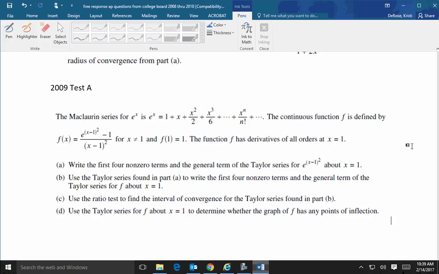And I want to see, you guys should be able to do part A without much of a problem. They gave you easy x, which you're kind of like, okay, thanks, but then you're kind of like, dang it, I wanted to get those points. Easy points. So they gave you e to the x, and they want you to find e to the x minus 1 quantity squared. Go. First 4 non-zero terms and general term.